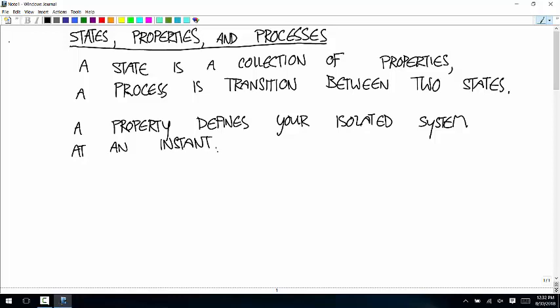For example, if your isolated system is a collection of gas molecules, you can describe it using its volume, its pressure, its temperature. Those are all things that describe the gas at that instant.